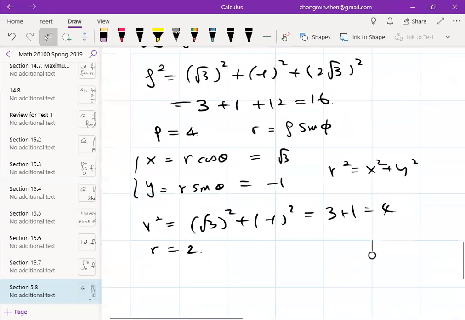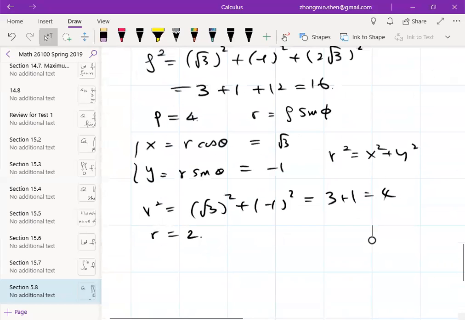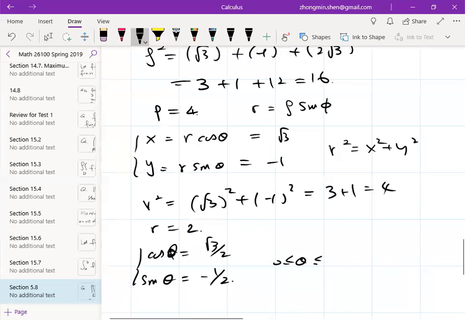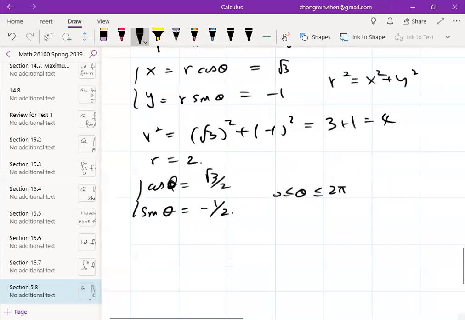So immediately I can get cosine theta equals square root 3 over 2, and sine theta equals negative 1 over 2, where theta is between 0 and 2 pi. What is that angle? That angle must be in the fourth quadrant.